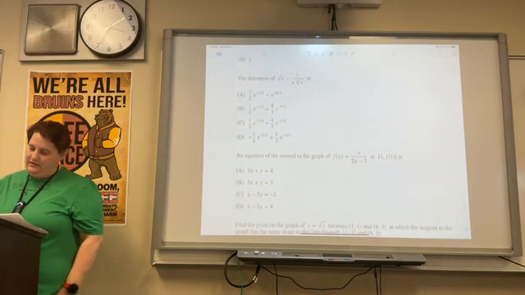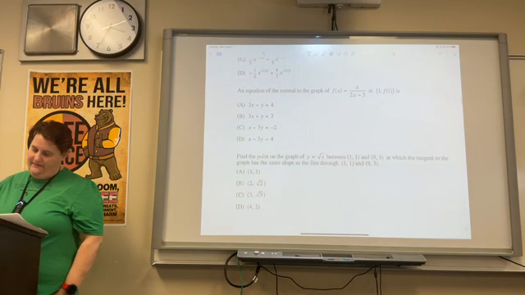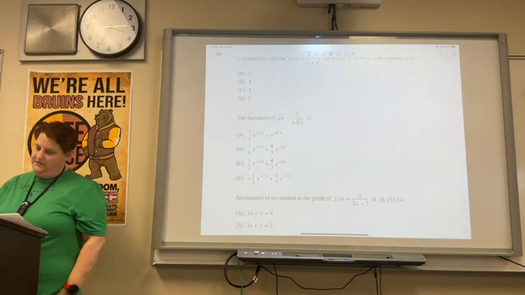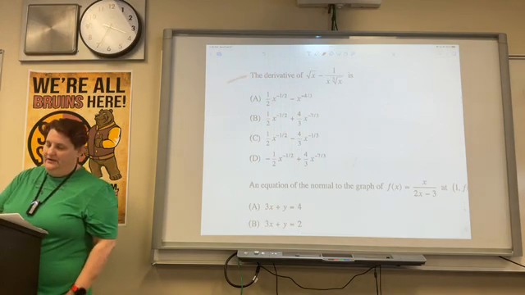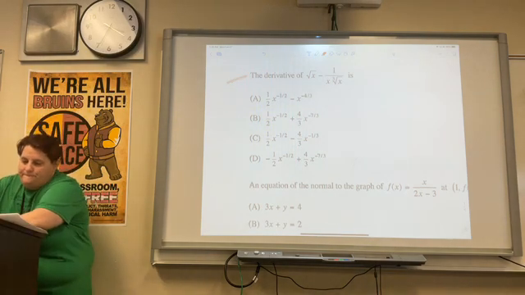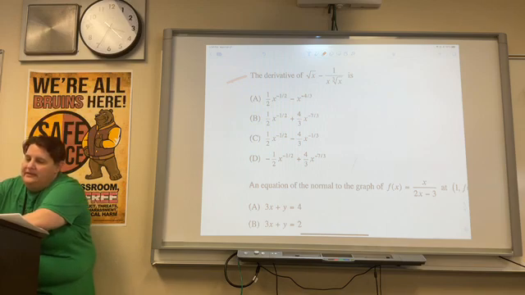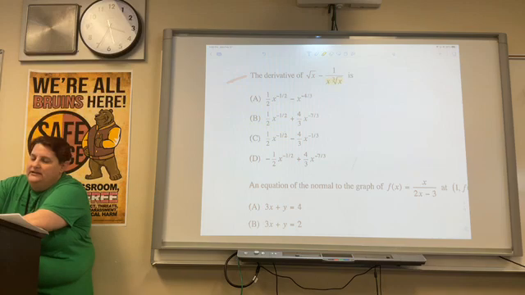Alright, I'll see if I can find any more of those. I'm going to skip around a little bit to stuff I think you might find tricky before we move on to the next. Okay, this one. The main thing I want to know is if you guys can turn that into something I can actually take the derivative of. Now, this is x to the first and x to the 1/3.